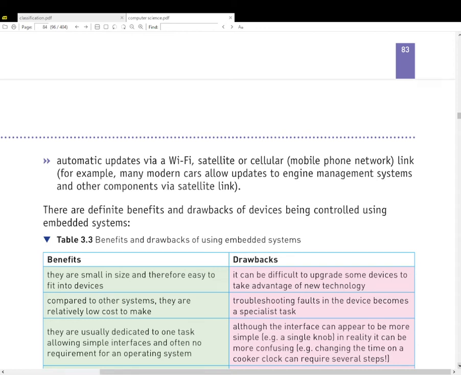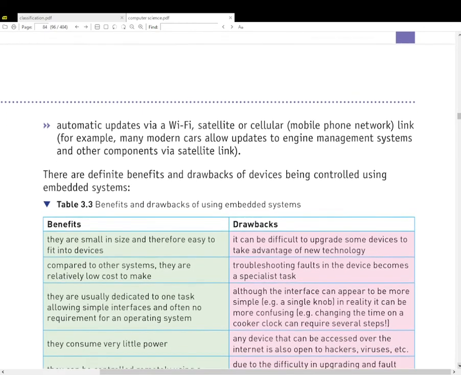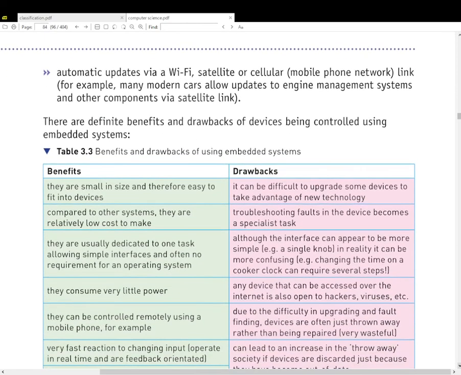Now, here is a table of benefits and what we call drawbacks or disadvantages.